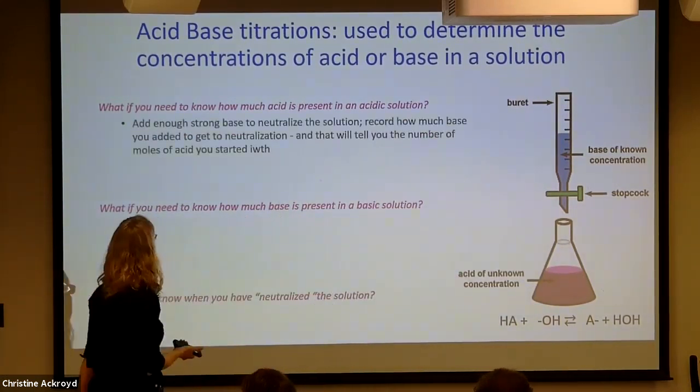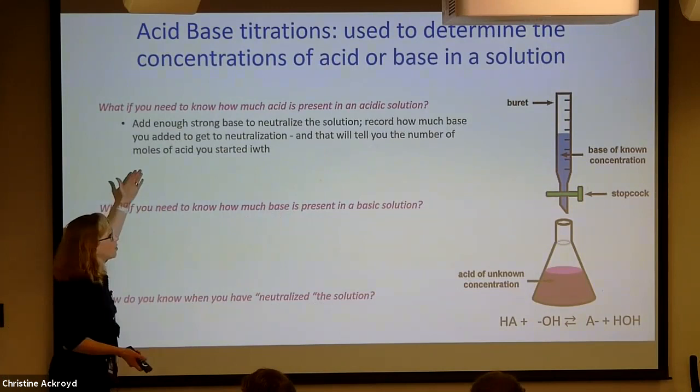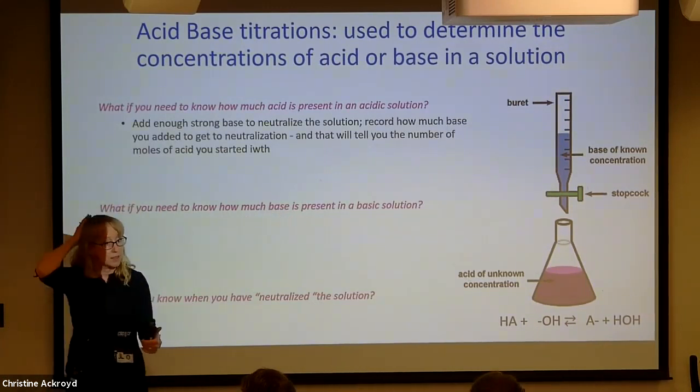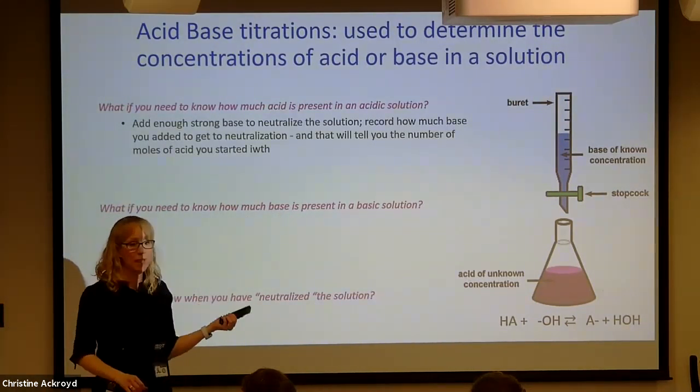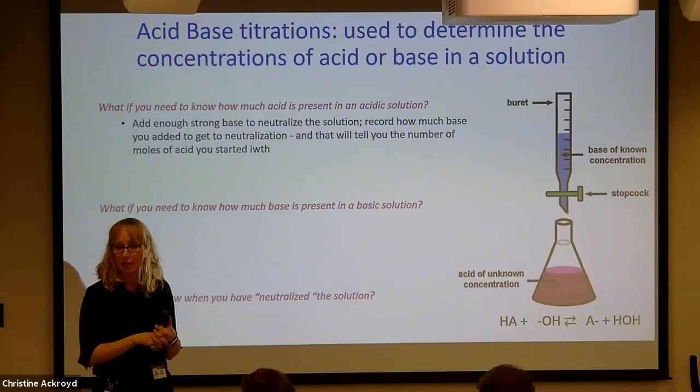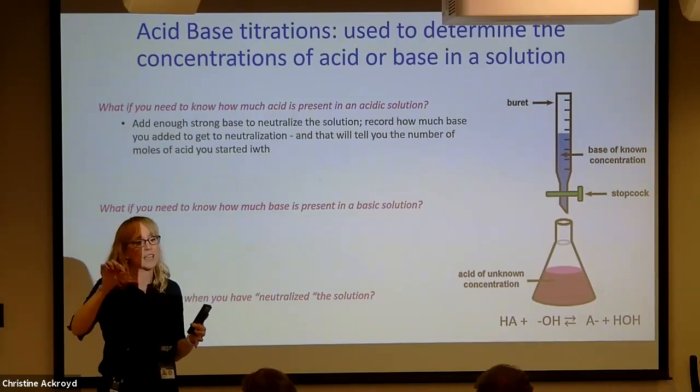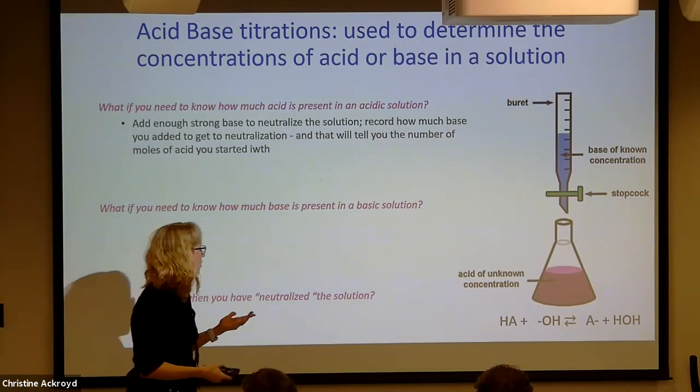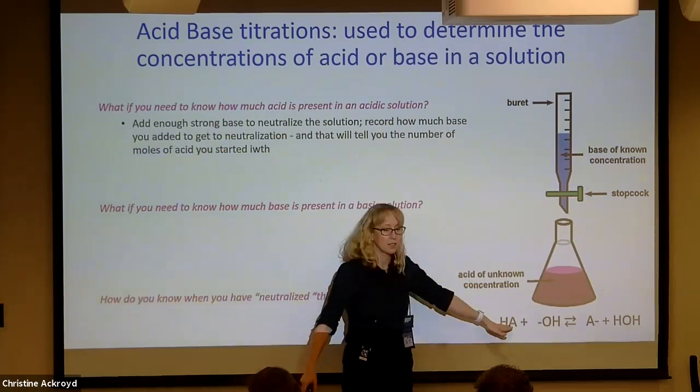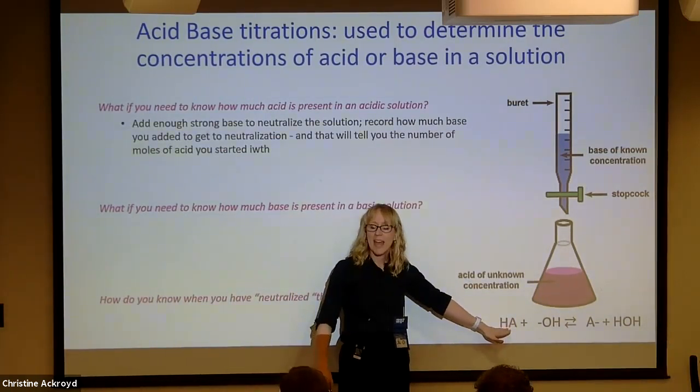So we would react it with strong base. And we add just enough base to react completely. Or we have a way of tracking when the reaction is done. Okay, if I have a certain amount of acid, when will that acid be done reacting?